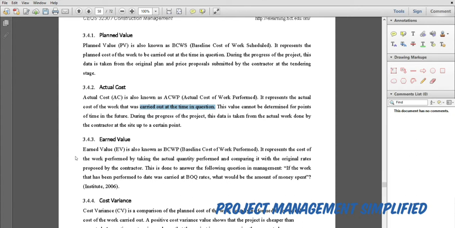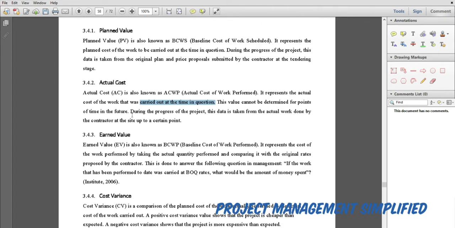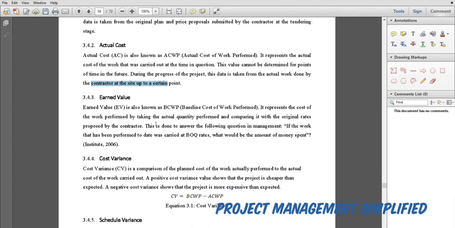Because it is actual cost. You cannot get this information unless you have already paid these costs. So you have work performed and you have actual cost that has already been paid. During the progress of the project, this data is taken from the actual work done by the contractor at the site up to a certain point.